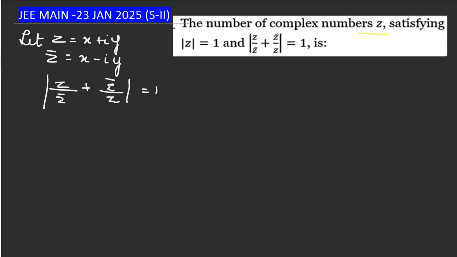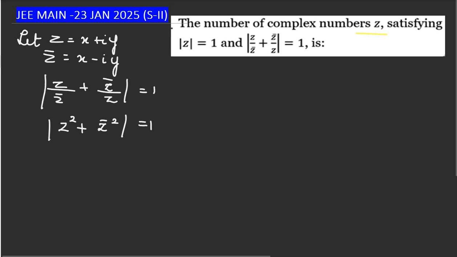Modulus of z by z bar plus z bar by z is equal to 1. Cross multiplying, this is nothing but modulus of z squared plus z bar squared, divided by modulus of z bar, is equal to 1. So modulus of z squared plus z bar squared is equal to 1 divided by modulus of z bar, and modulus of z bar is equal to modulus of z, which is equal to 1.